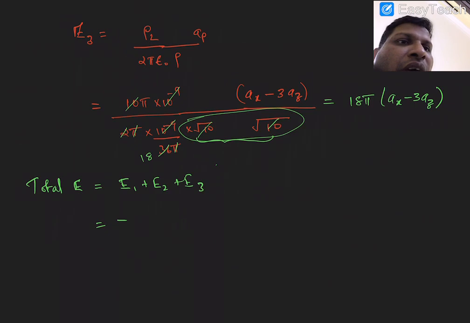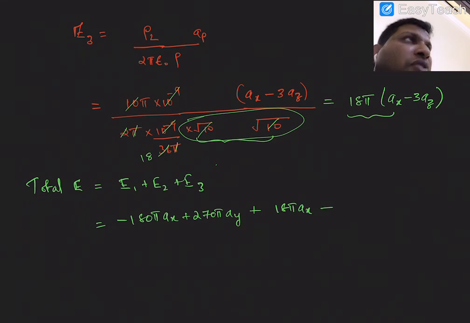So minus 180 pi ax plus 270 pi ay, plus this one will be 18 pi ax minus 18 into 3, it is 54 pi, minus 54 pi az.